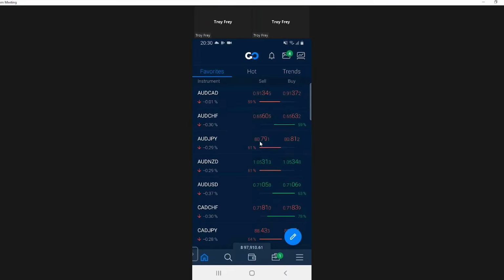It doesn't mean that the entry point is correct now. For example, you might see that it shows more people have been buying on USD Canadian than selling. Well, that's true. And the USD went flying up. But now I just showed you a reason why you might actually sell in terms of the technical analysis on the USD Canadian, which is the opposite direction of what people have been doing today.